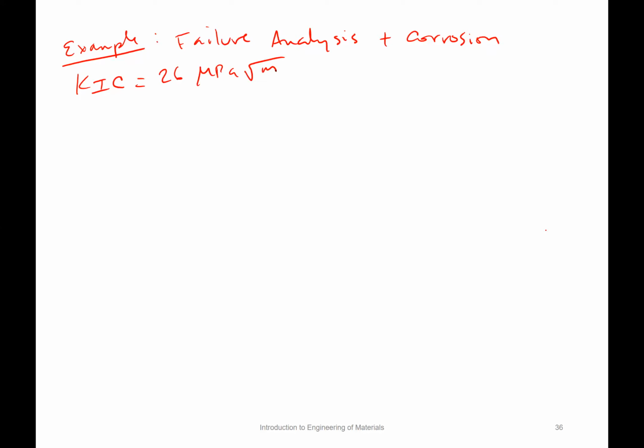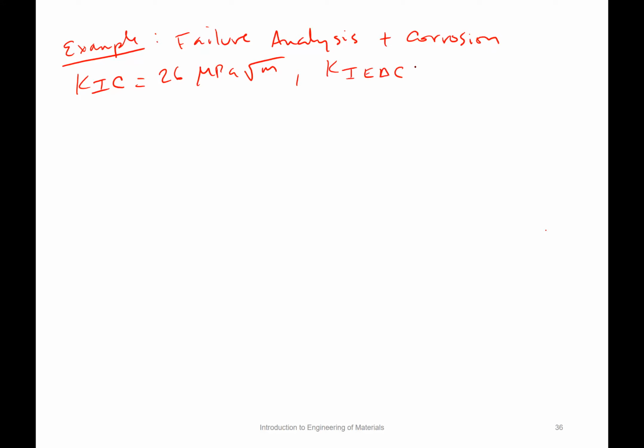Okay, let's do another example where we look at failure analysis and corrosion. So let's take the example of a naval ship, and let's say a naval ship component has a materials property K1C, the plane strain fracture toughness, of 26 MPa root meters, and it has K1 EAC.